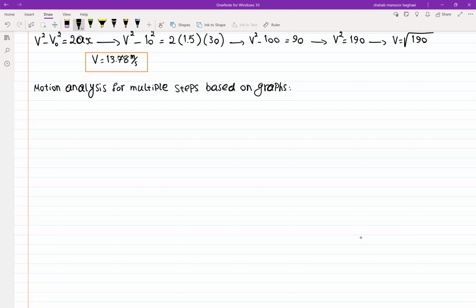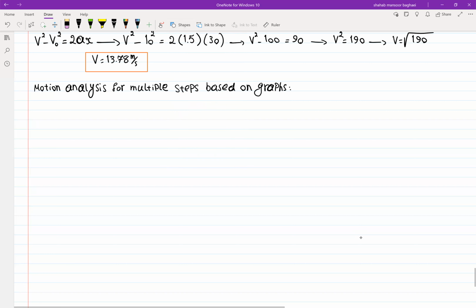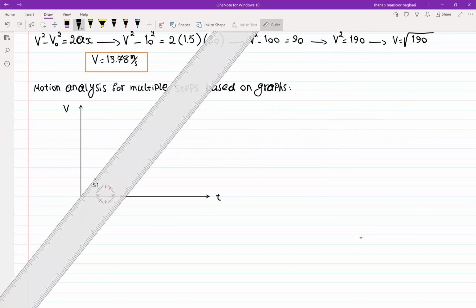And it can be discussed based on the graph. Let me show it to you. Imagine you have T and you have V. Imagine here, have this graph at first.